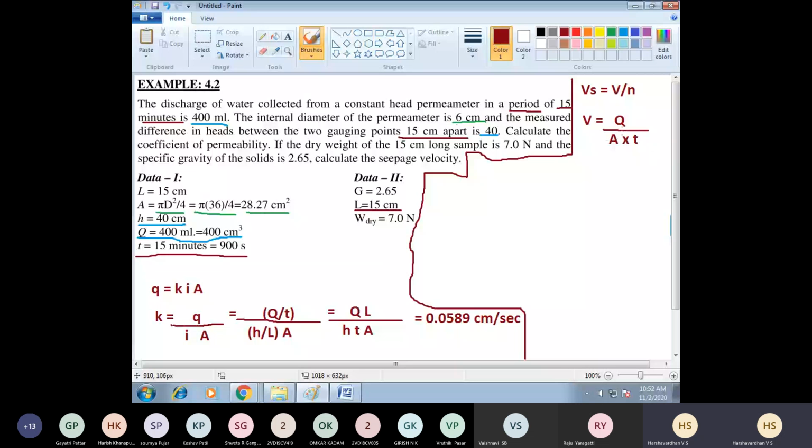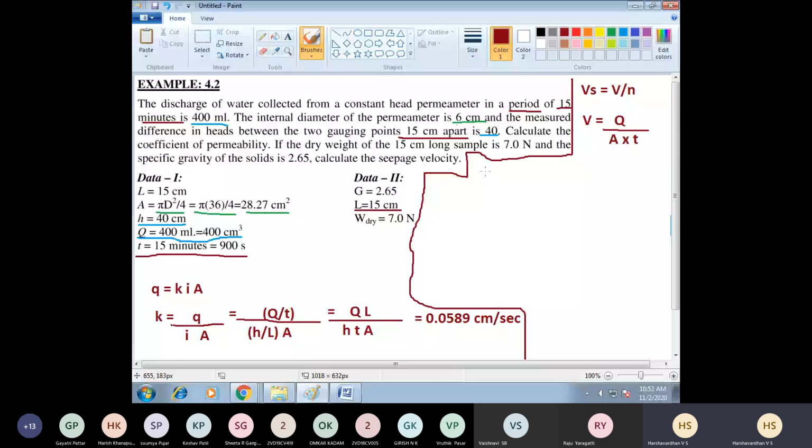So I can calculate velocity as Q by t, that is discharge, divided by area, so discharge per unit area is velocity. I have the value of Q, that is 400 centimeter cube, and time taken is 15 minutes or 900 seconds. Cross section area is 28.27 centimeter square.